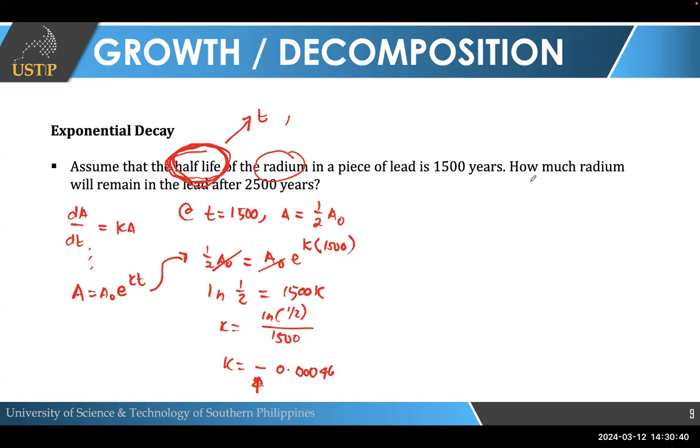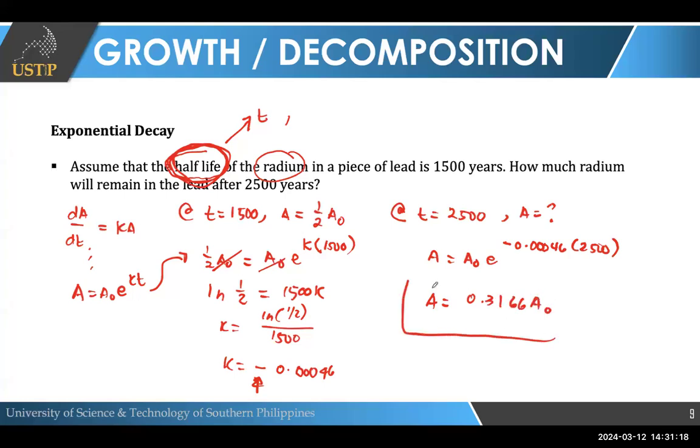So now, the question is how much radium will remain in the lead after 2,500 years. Okay, in 2,500 years, how much is left of your radium? Our answer will be expressed in terms of A naught. So we'll have A is equal to A naught e to the negative 0.00046 times 2,500. And our A will be around 0.3166 A naught.